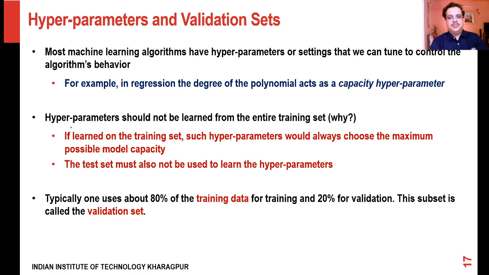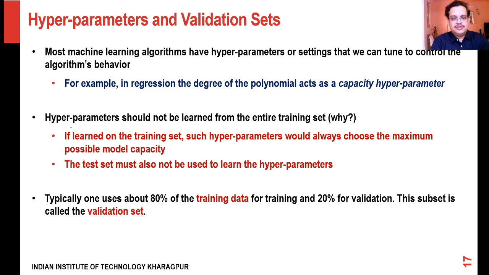We shall see many of these as we go along. In the case of regression, as we saw in this lecture, the hyperparameter could be the degree. So I need to choose the hyperparameter, and then I need to choose the exact parameters, or the weights, for actually learning the function in the family that is defined by the hyperparameters.